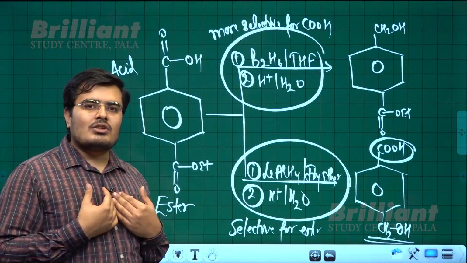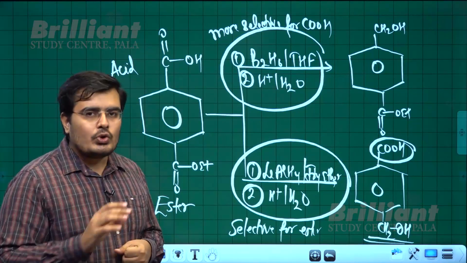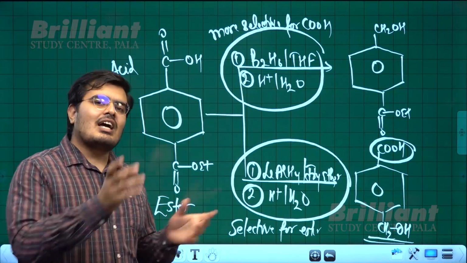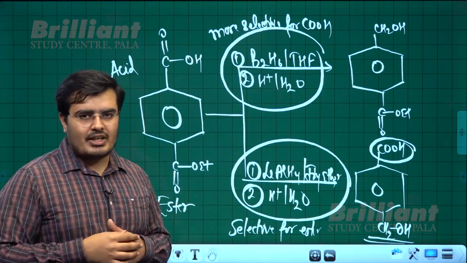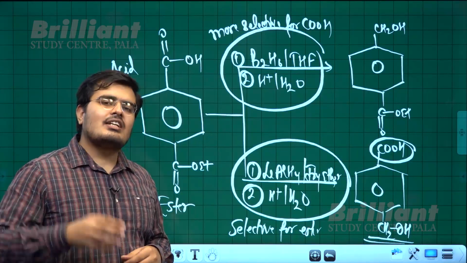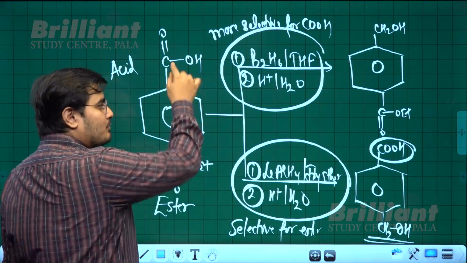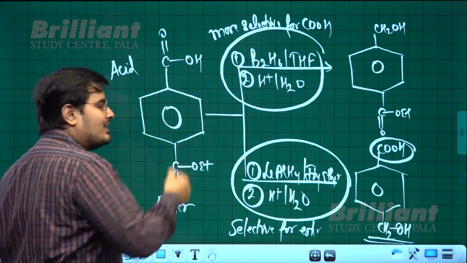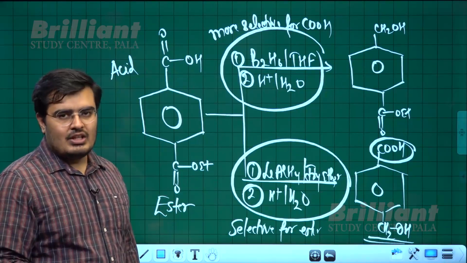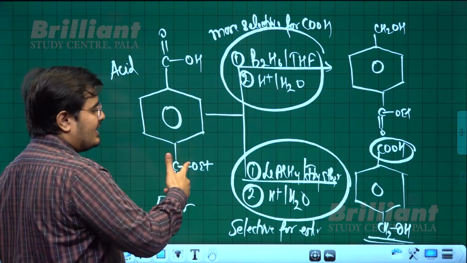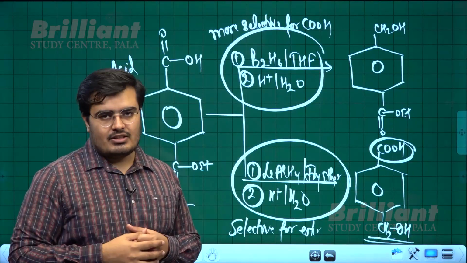When I am giving you a carboxylic acid and I am giving you lithium aluminium hydride, that means I do not care how much time is taken. I want to reduce carboxylic acid with lithium aluminium hydride, so I want to do that reaction and lithium aluminium hydride will reduce carboxylic acid. But when both of them are present together in the same substrate, now you need to understand what the examiner is trying to ask you. He is trying to ask you the difference in the reactivity of these groups towards these reagents, which makes them selective in nature.